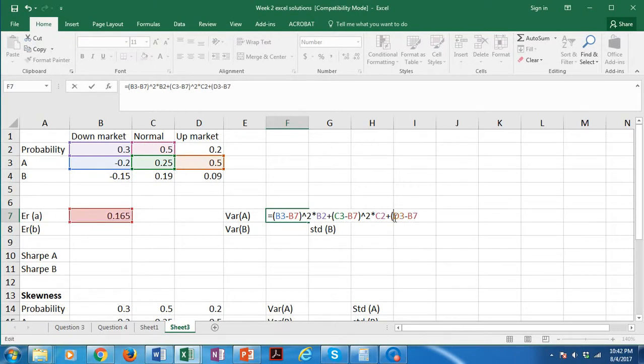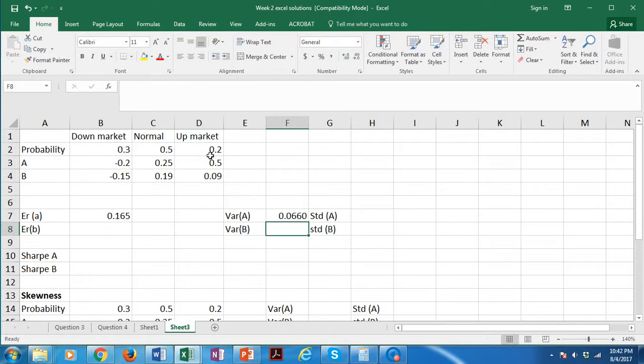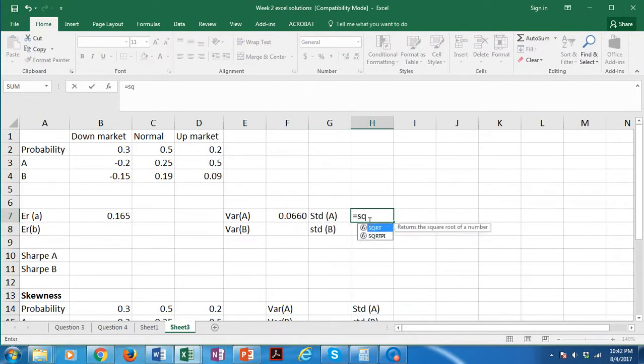Once again, we put them in a bracket, and square multiplied by the probability. So this is the variance. Now standard deviation is very simple. We use the square root function. We select this cell, so that's the standard deviation, 0.25695.